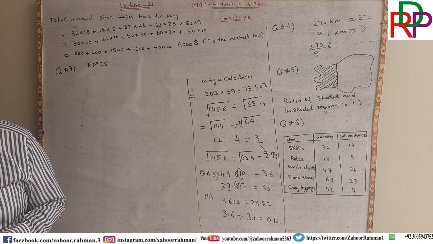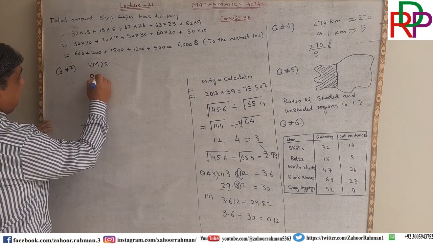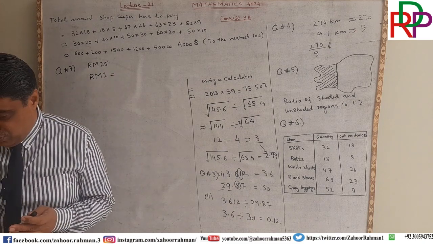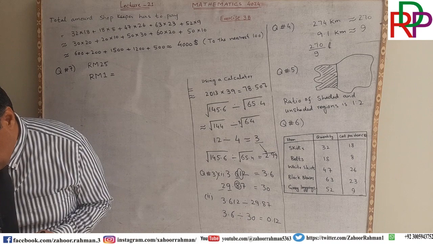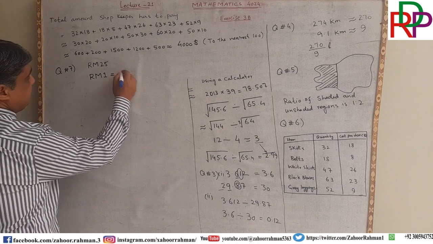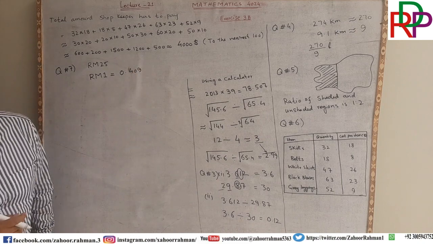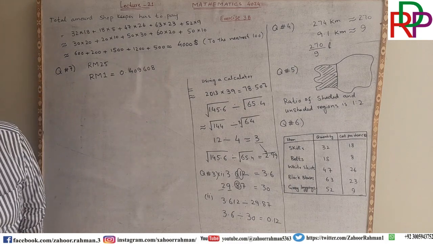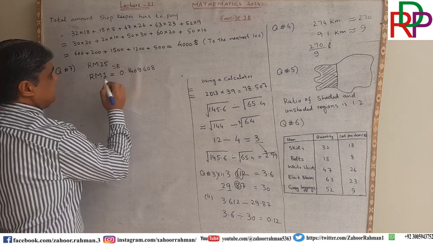And then the conversion rate is RM1, which means 1 Malaysian ringgit is equal to, it is given that, 0.409608 Singapore dollars.